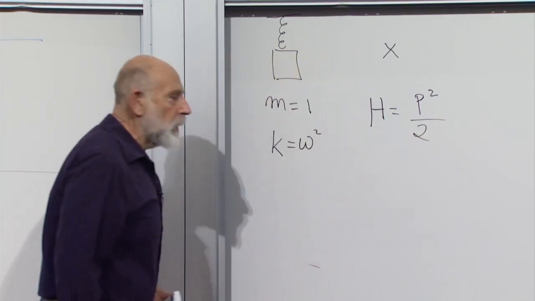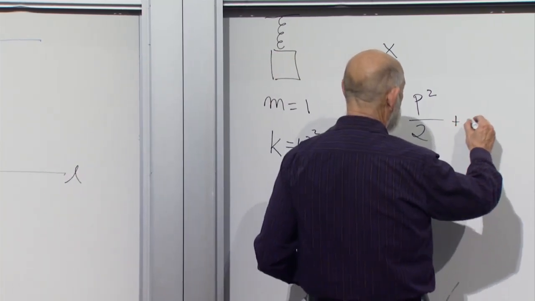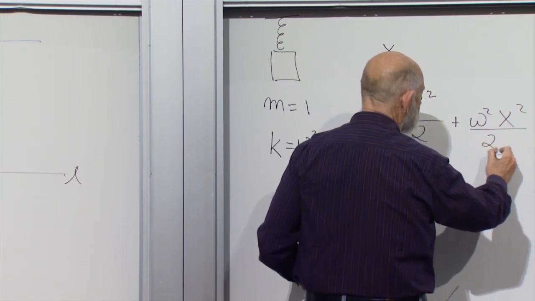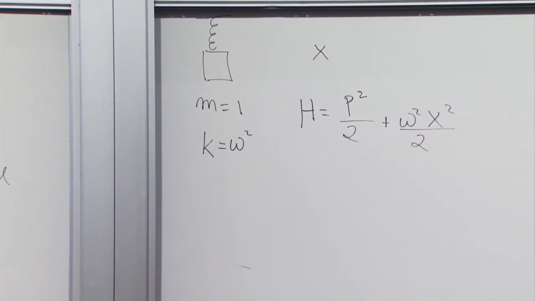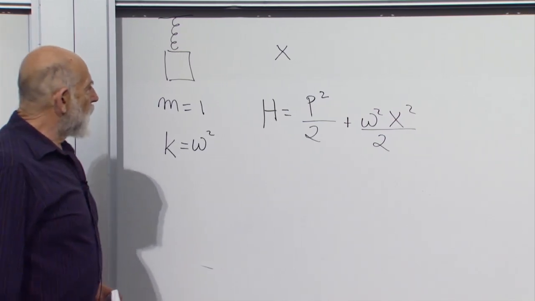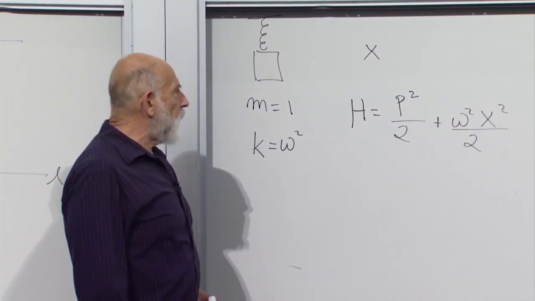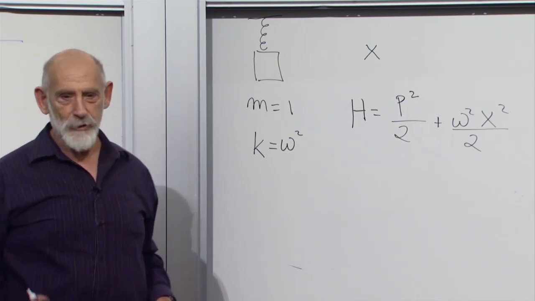M has been set equal to 1, plus k omega squared, x squared over 2. Let's just check that this is right. What we're going to do is work out the Hamilton equations of motion. If you don't remember Hamilton's equations of motion, it's okay, I'll tell you.